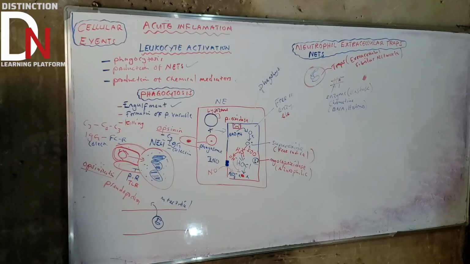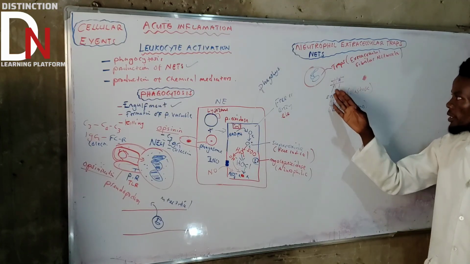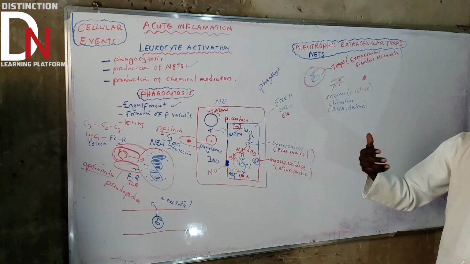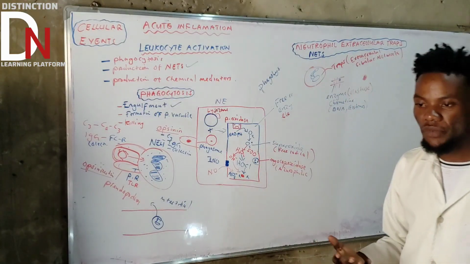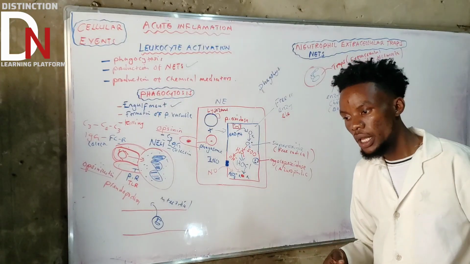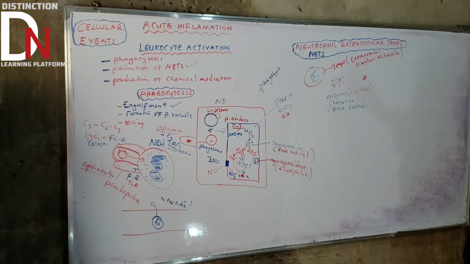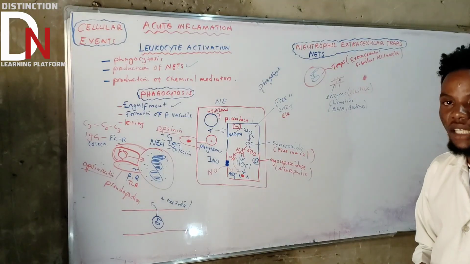The other important aspect about NETs is that it has been shown that if someone is having sepsis, those disseminated types of infection, these traps are going to be found within blood, and it's going to help you in the diagnosis of sepsis.